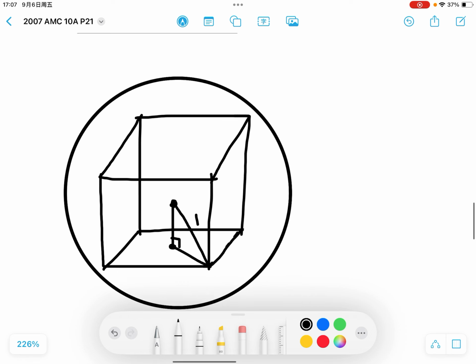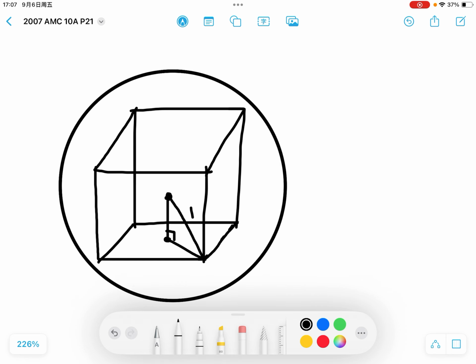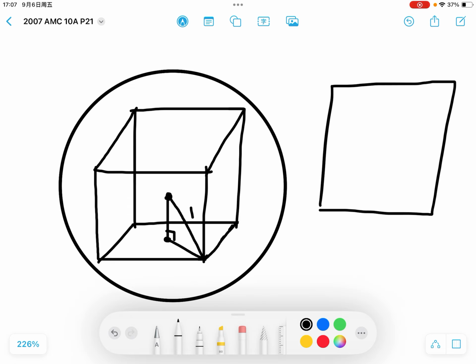So let's look at this from another point of view. If we look at this from the bottom square's point of view, this is what we can see. We have a square. There's the center of the square, and the center is connected to one vertex. If we look at it from this right triangle's point of view, this is the hypotenuse, one.